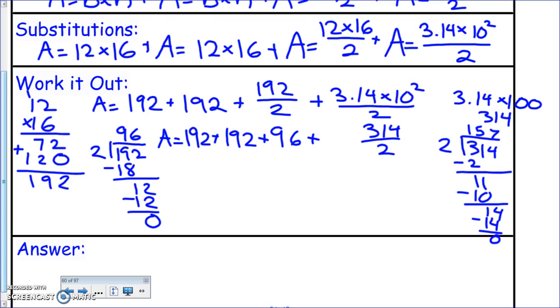So now, for our area, we're going to add 192 plus 192 plus 96 plus 157.